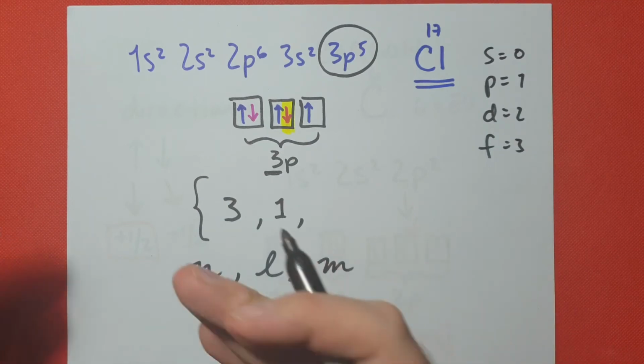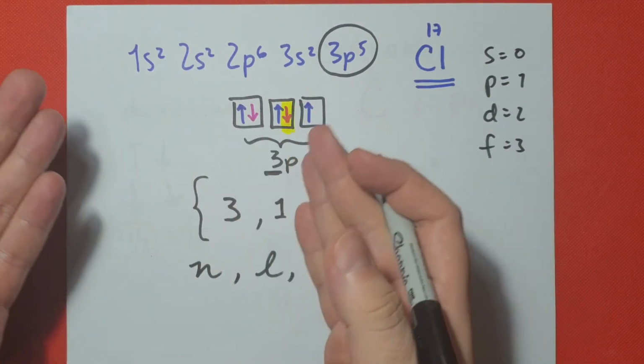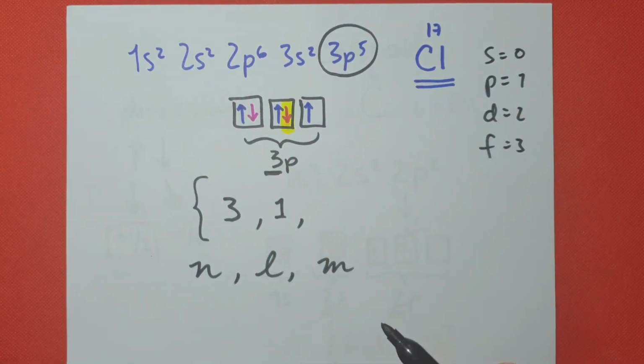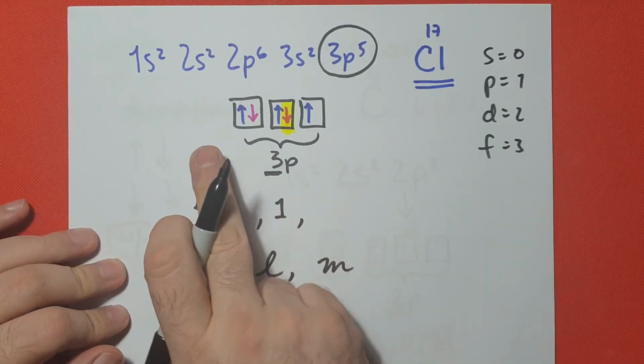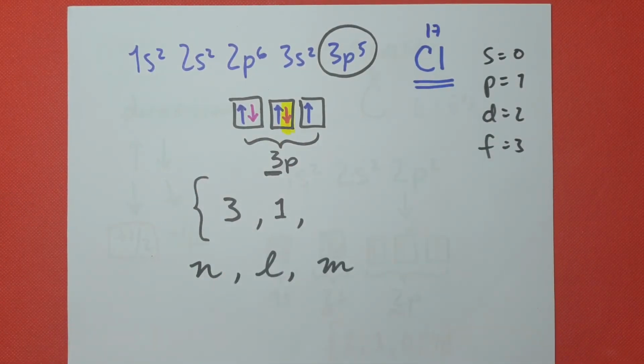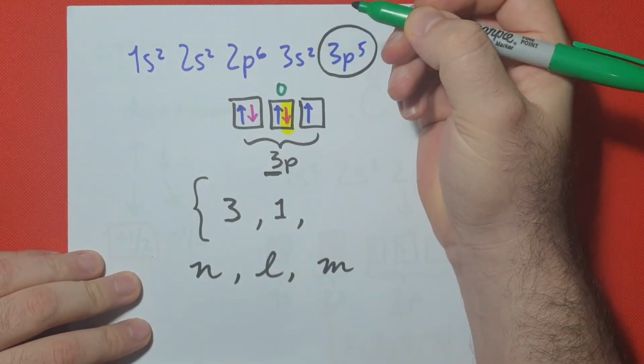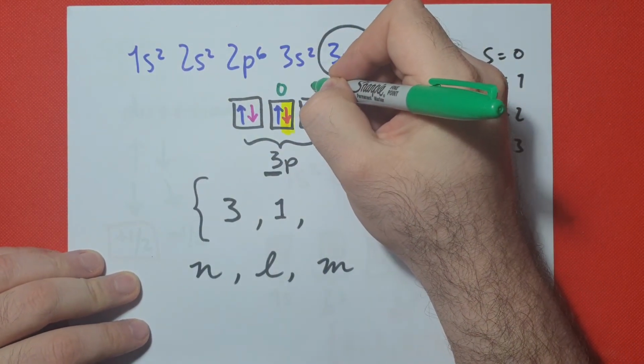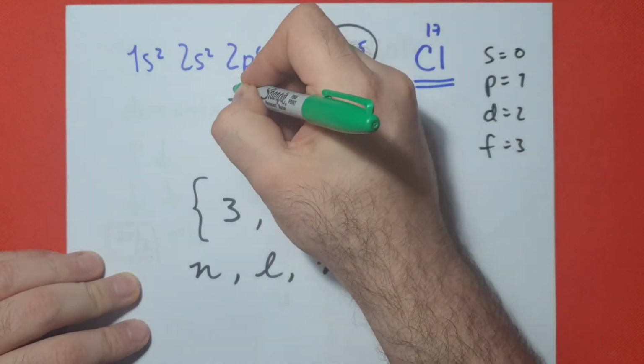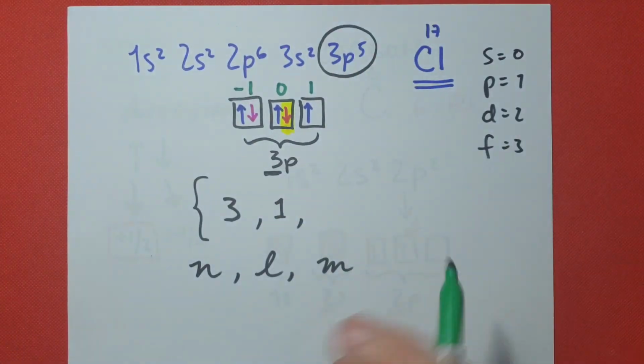In other words, in which of the orientations did we fill our last electron. So in this case, since P has 3 boxes, 3 orientations, remember the middle box is always 0, and then the box to the right is 1, and then the box to the left is -1, like if it was a number line.